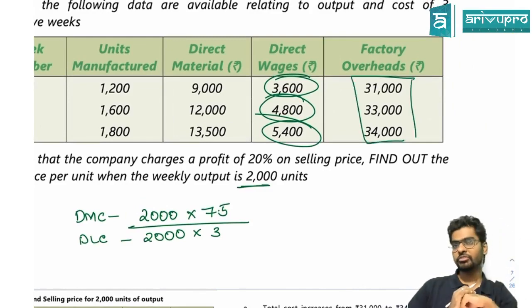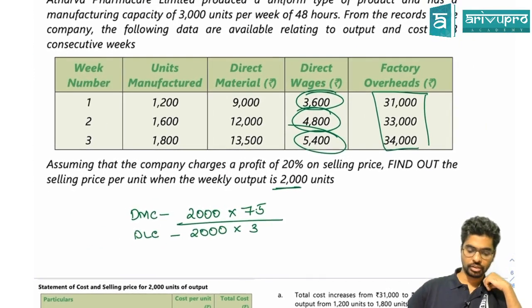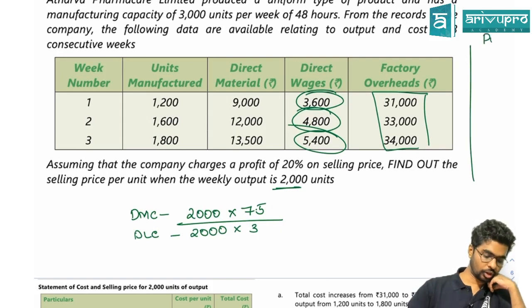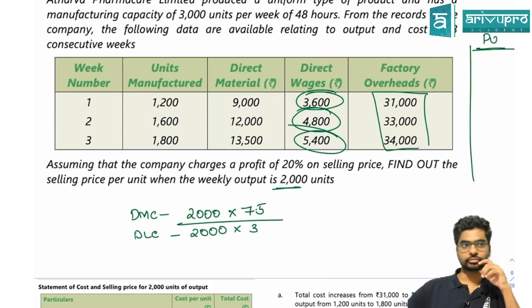Now, if you see the factory overheads, what are you getting your per unit cost to be? Case 1, different in all the 3 cases.